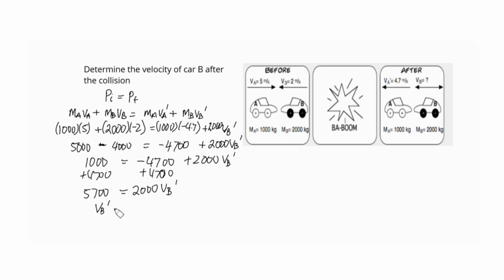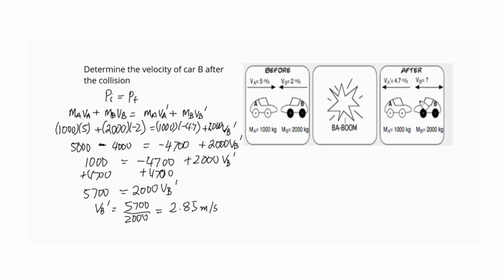So vB prime is going to be 5700 divided by 2000, giving me 2.85 meters per second.